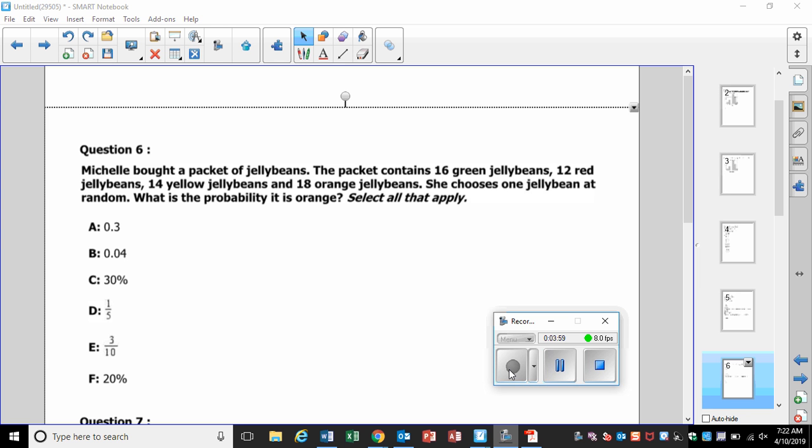Select all that apply. Choice A, 0.3. Choice B, 0.04. Choice C, 30%. Choice D, 1/5. Choice E, 3/10. Choice F, 20%.